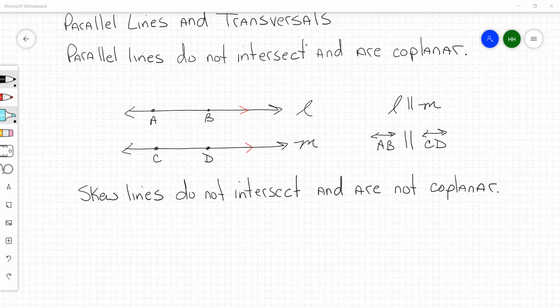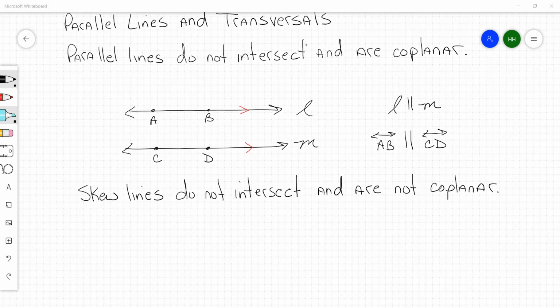Now, where the front wall meets the ceiling, there's a line. Where the back wall and this side wall meet, there's a vertical line, isn't there? Well, that vertical line doesn't intersect with that line at the front of the classroom, does it?